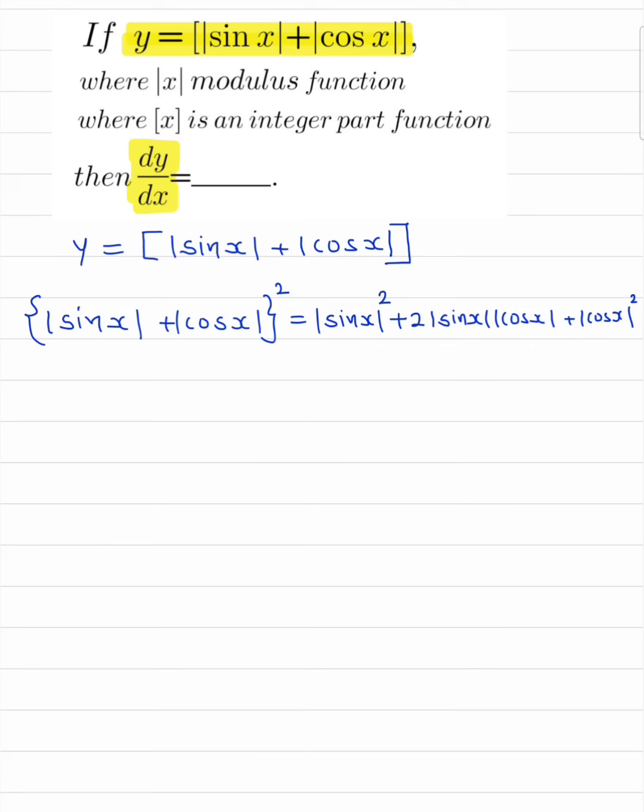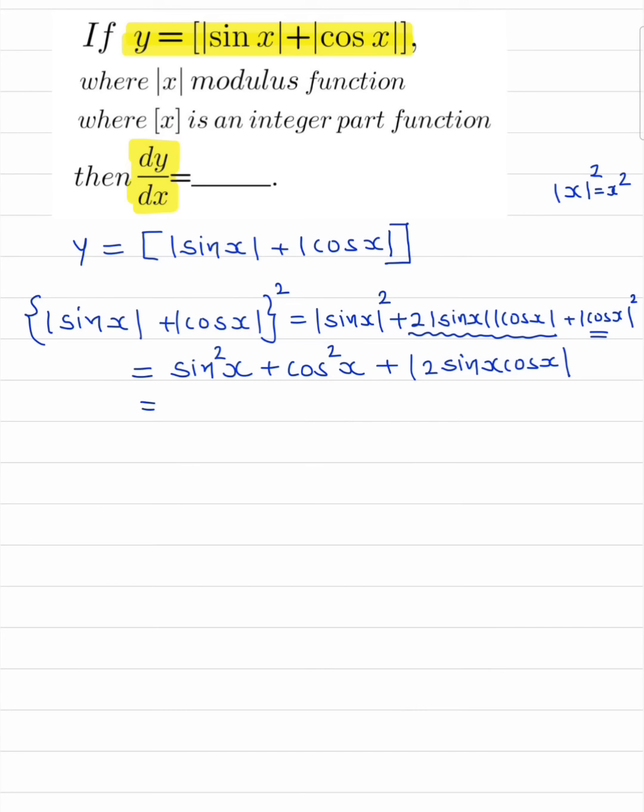Okay, so we know that modulus x whole square is nothing but x square. In a similar way, this is nothing but sin square x, and modulus cos x whole square is nothing but cos square x. And we can write this term 2 mod sin x mod cos x as modulus of 2 sin x cos x.